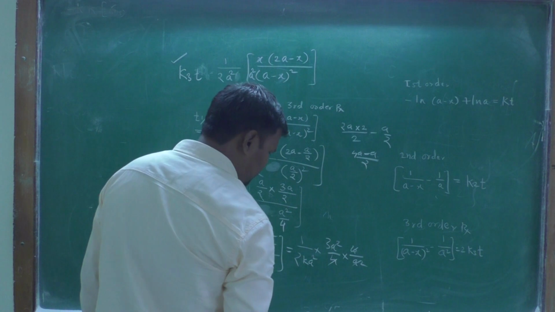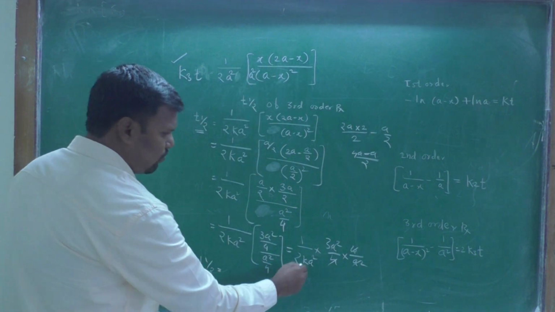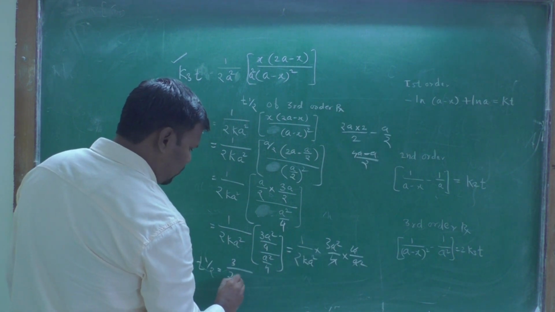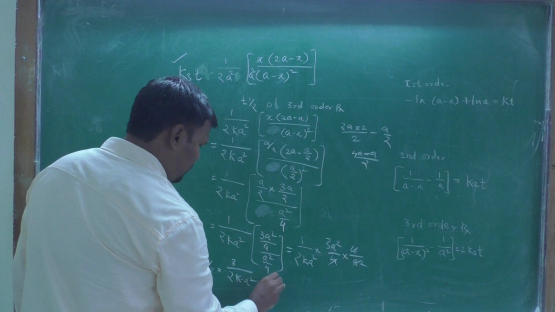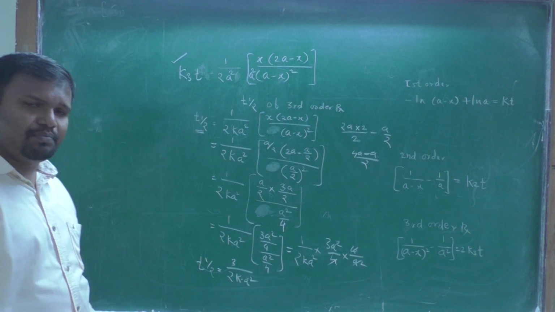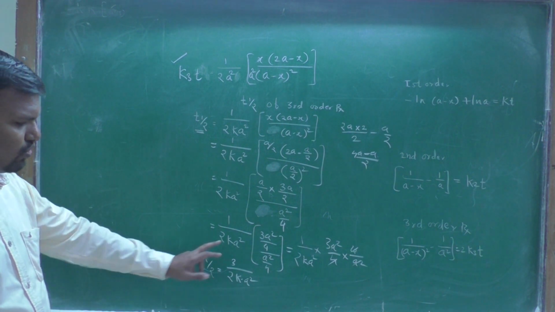The 4 and 4 cancel, and a square cancels. Therefore t1/2 will be equal to 3 upon 2k a square. Therefore the half-life period for a third order reaction can be calculated by using this equation.